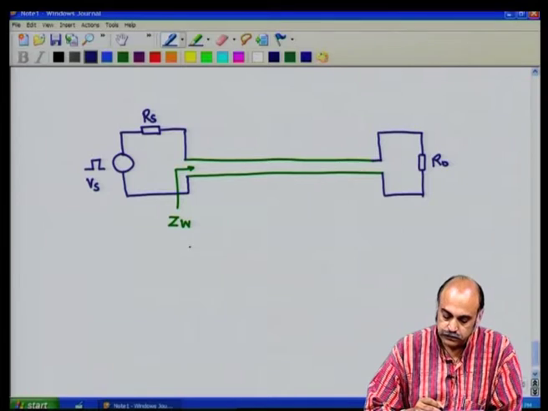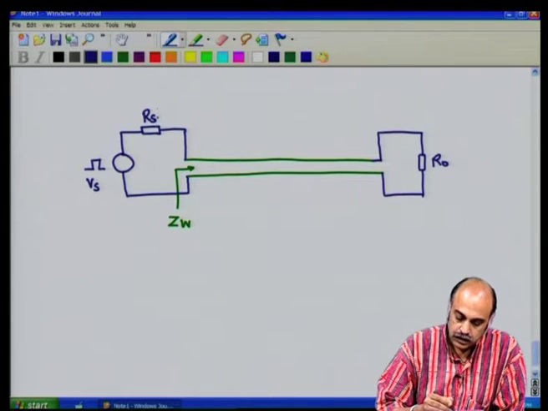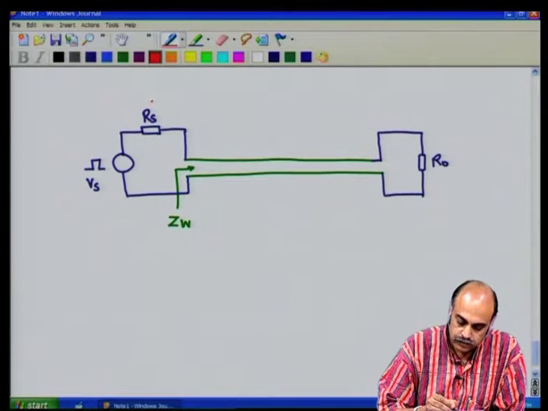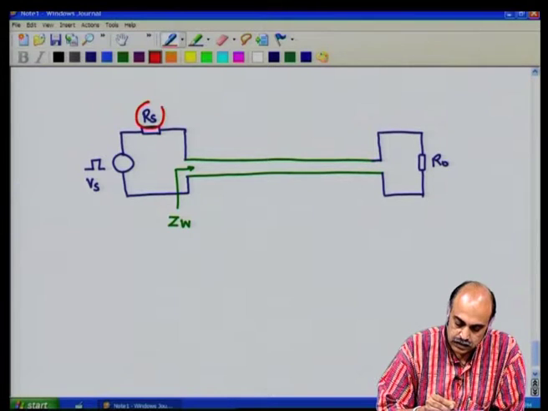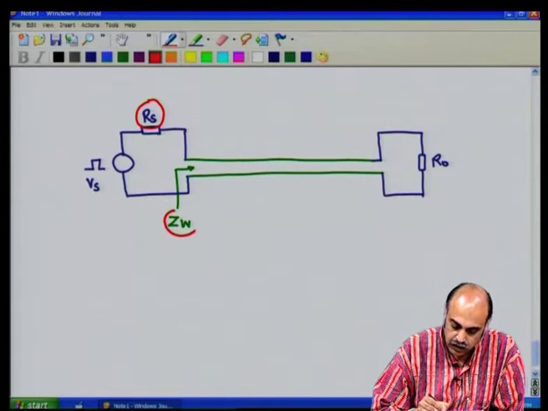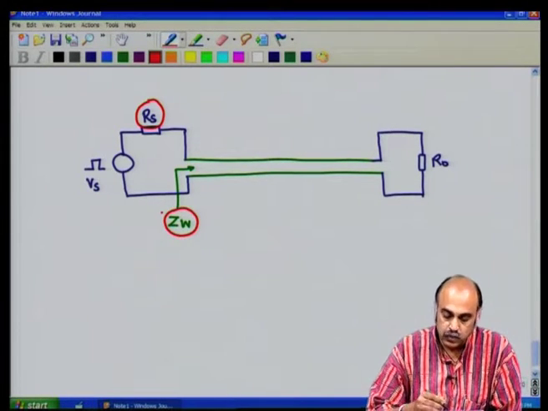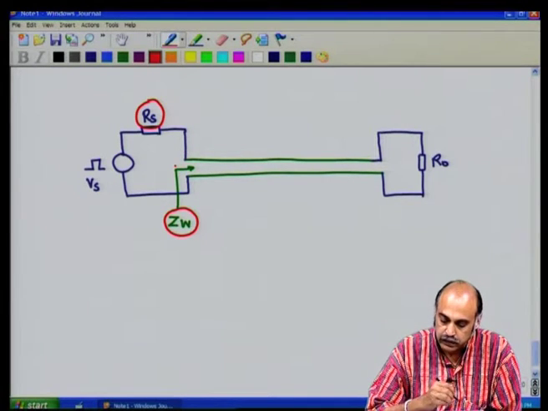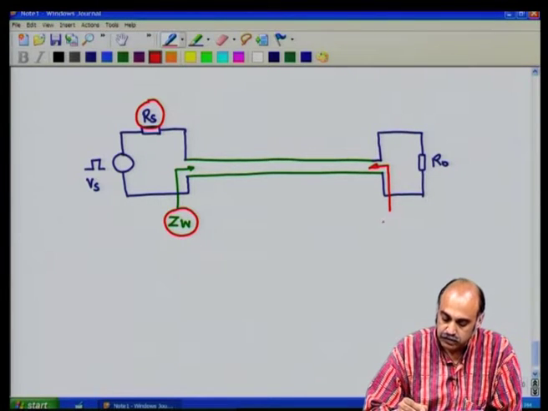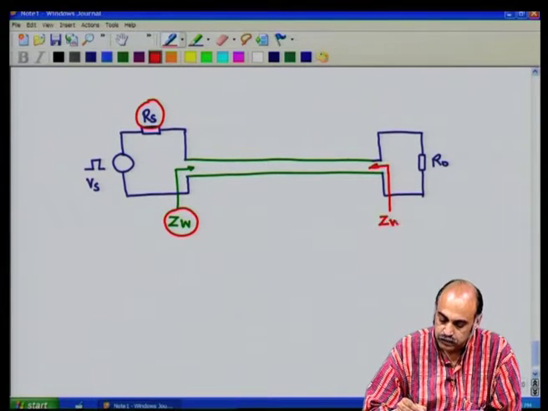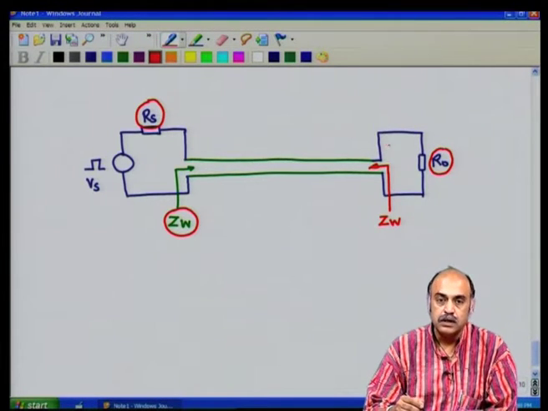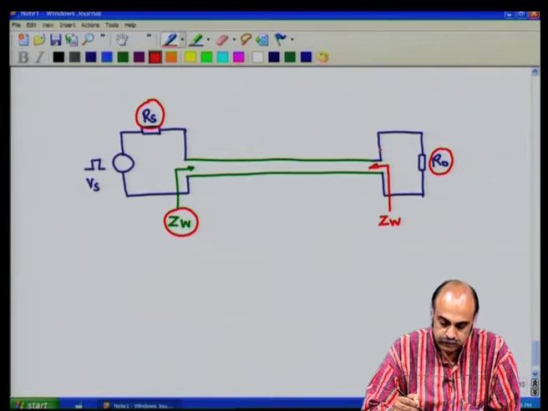Now, we saw that if the source impedance and the wave impedance are not matched, then you can have reflection at the source boundary, and if the wave impedance as seen from the output side and R naught are not matched, then you can have reflection at the output boundary.